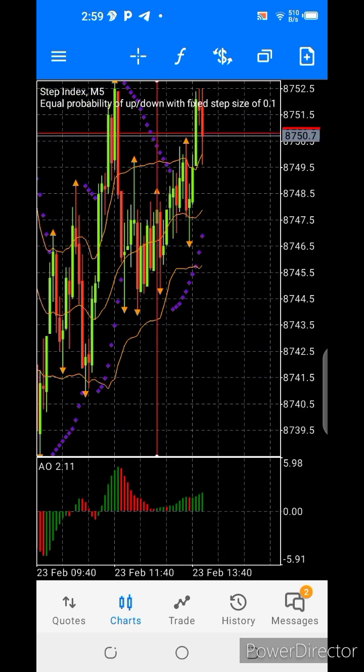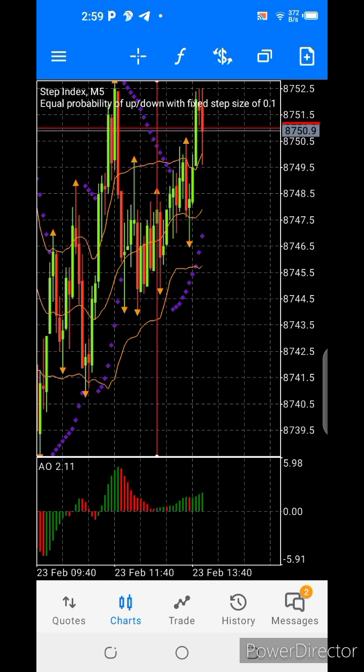But looking at this particular current market event, we are having a buy signal on the 5 minutes time frame. That is, we are combining 5 minutes and 1 minute time frame. You are scalping. This is a good market to take.